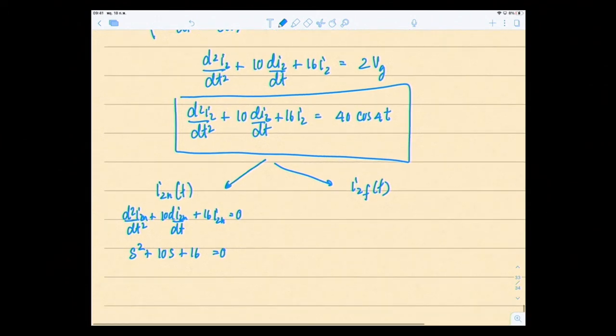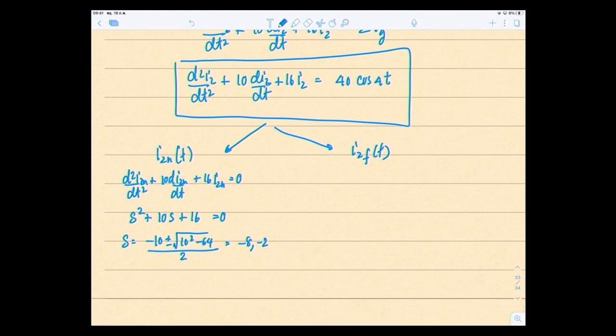So your s is equal to, if you can't do it right away in your head, you use the quadratic formula: (-10 ± sqrt(10² - 64))/2, so it becomes -8 and -2. Again distinct roots, so therefore I2n of t is in the form of k1 e^(-2t) + k2 e^(-8t). That's your natural response.